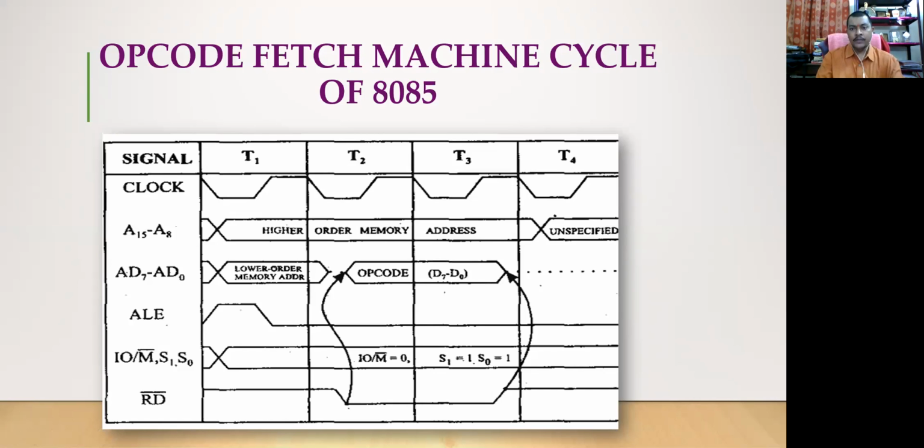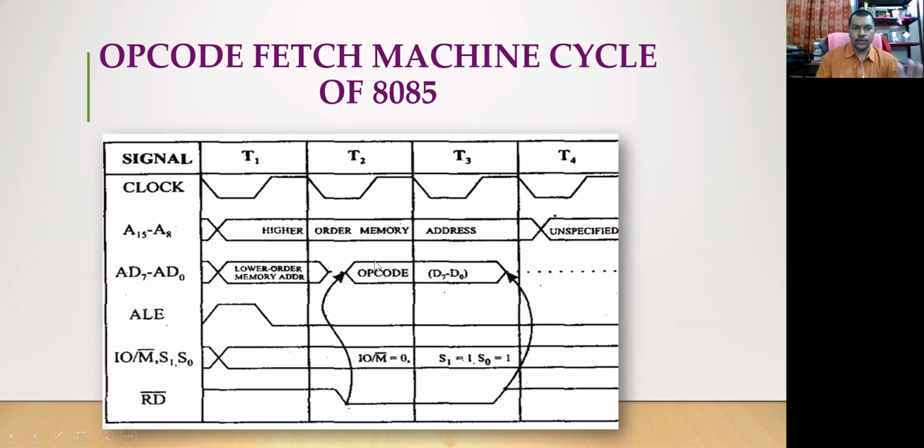Sometimes it requires T4, but most of the time, fetching the opcode from the memory location to the microprocessor requires only three clock pulses. This is shown by this clock timing diagram, and we call it the opcode fetch machine cycle of 8085, which is used to fetch the opcode from the memory location specified in the program. I hope you understood that.